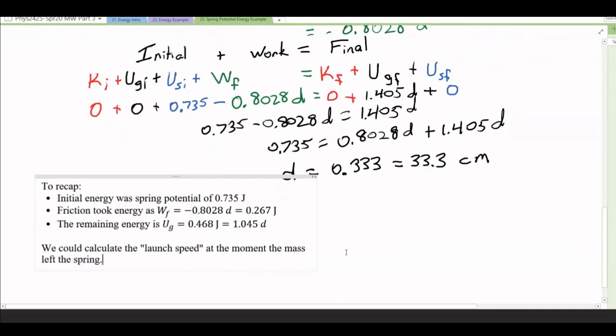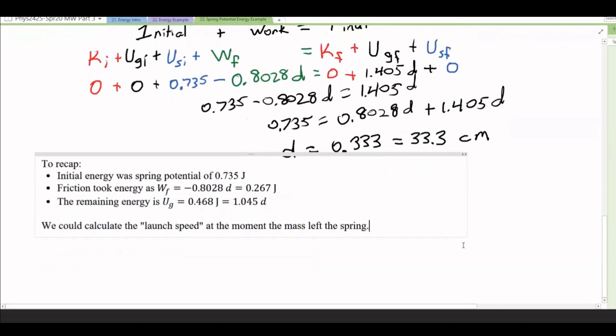Now, one interesting thing is we could calculate the launch speed at the moment the mass left the spring. So to do that, we would do a similar calculation.